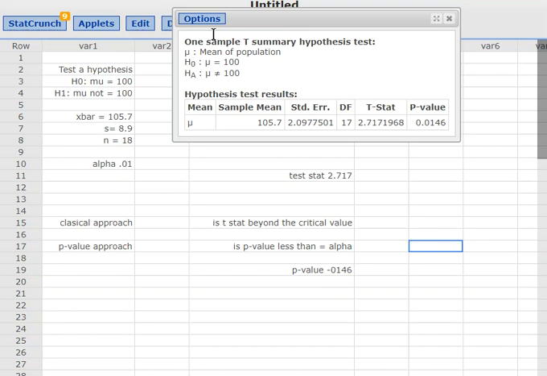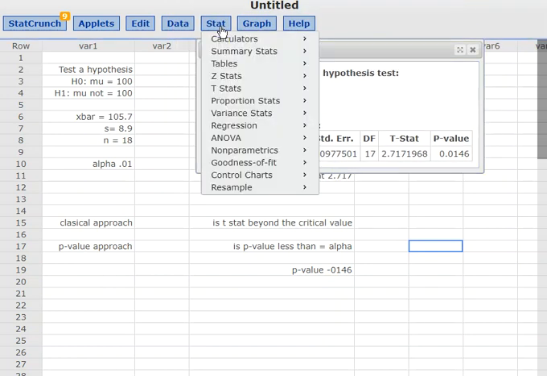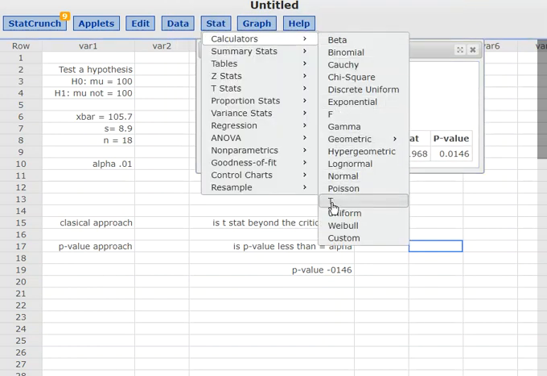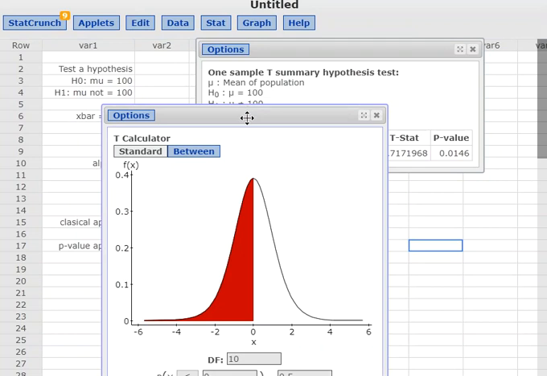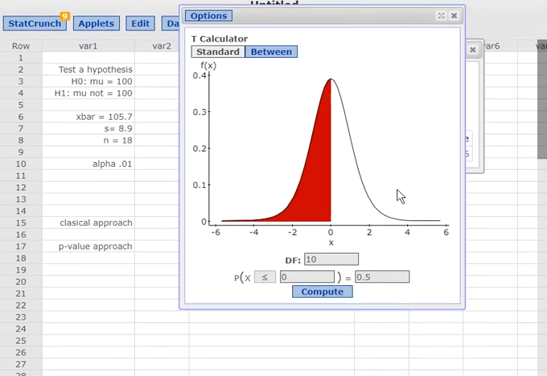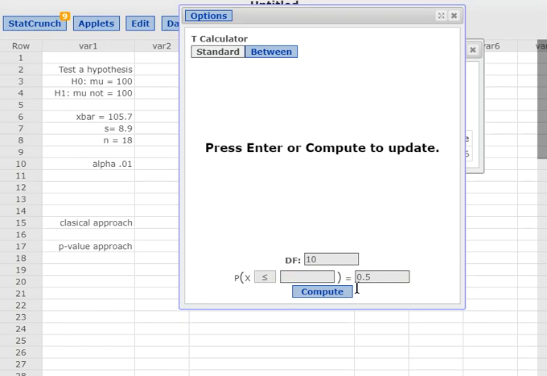Okay, so now, if I'm going to do the classical approach, I need to know the critical value for this particular test, and it's a two-tailed test, remember that. So now I'm going to come back over to Stat Calculators, and I'm going to use the T calculator. And remember, as in one of the other videos where we did this, I need to know that value. It's a two-tail, so I have to split the alpha, and my degrees of freedom is going to be 17, 1 less than n.